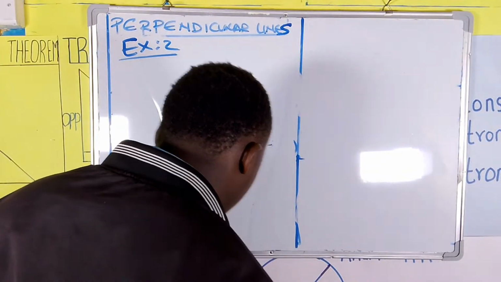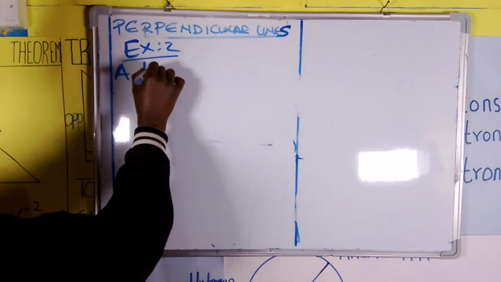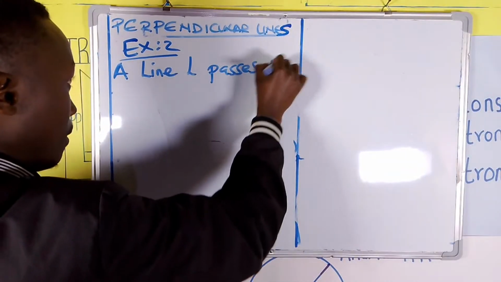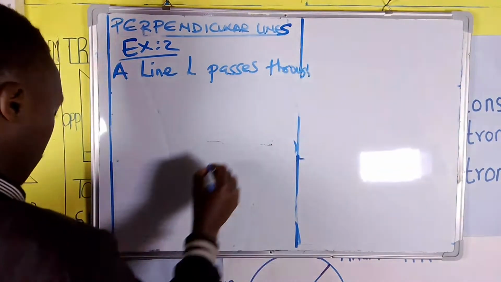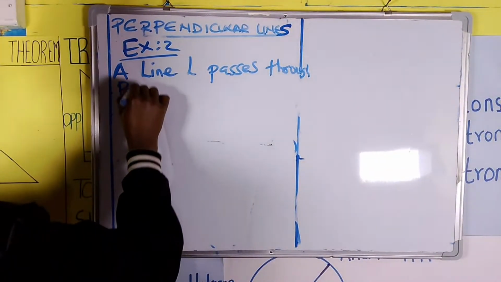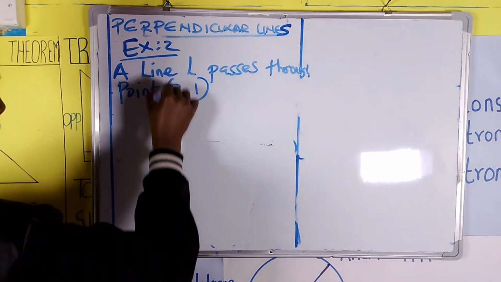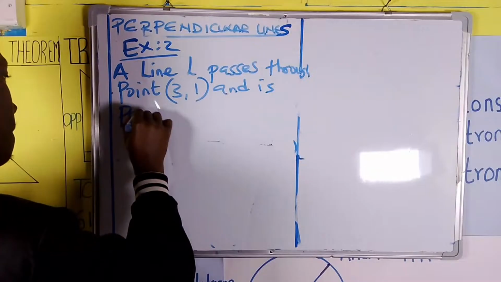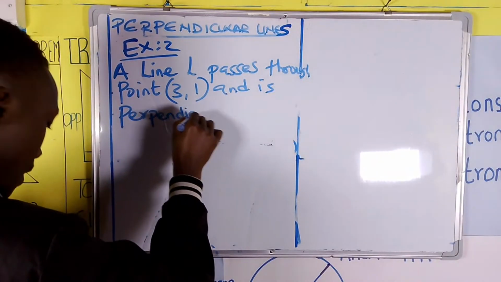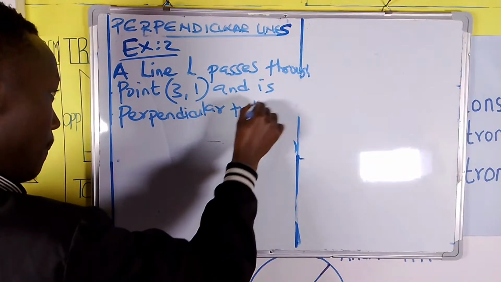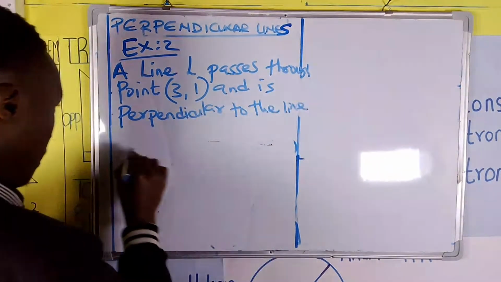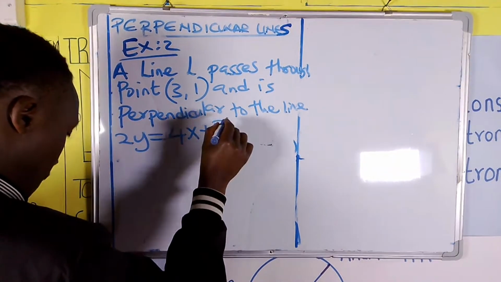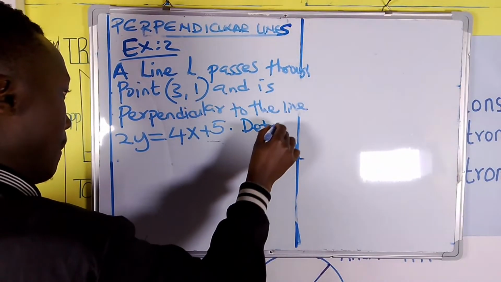A line L passes through point 3,1 and is perpendicular to the line 2y is equal to 4x plus 5.